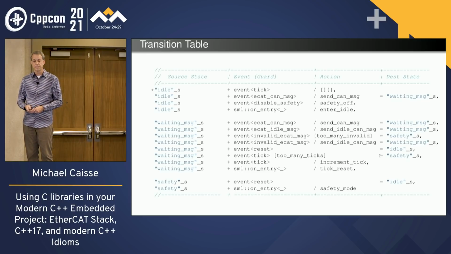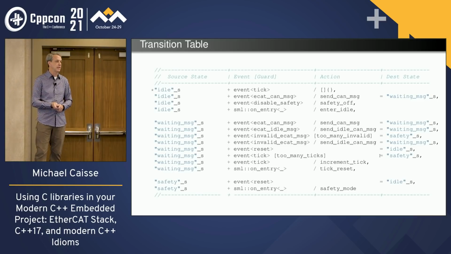Okay, so why do I push everything into state machines with nice transition tables? Because I can look at this table very quickly and see what did I miss? What didn't I handle? What event exists in the system that I didn't do something with?